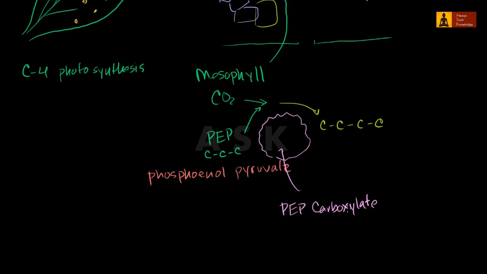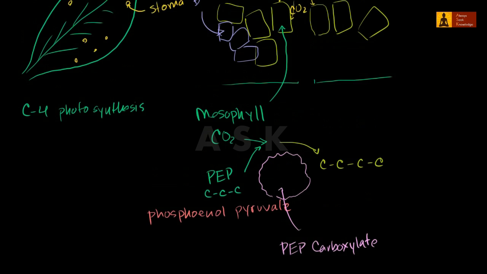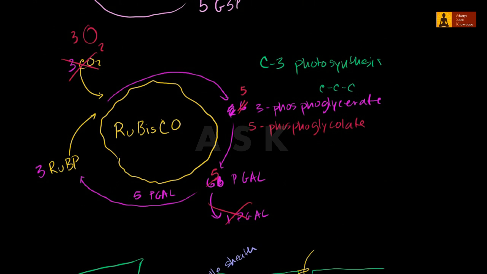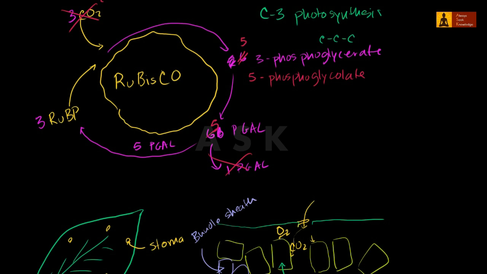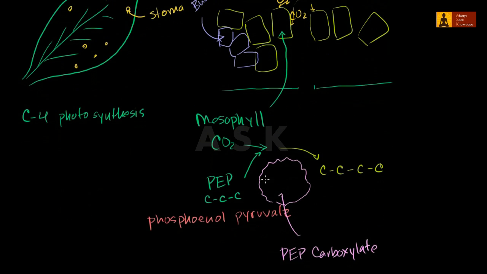Remember, rubisco, or ribulose bisphosphate carboxylase, reacted ribulose bisphosphate with carbon dioxide, or oxygen, that's where that oxygenase comes from. But now we have something that reacts PEP, our phosphoenolpyruvate, with carbon dioxide. So it's called PEP carboxylase. Actually, this is carboxylase, not carboxylate. It's an enzyme.